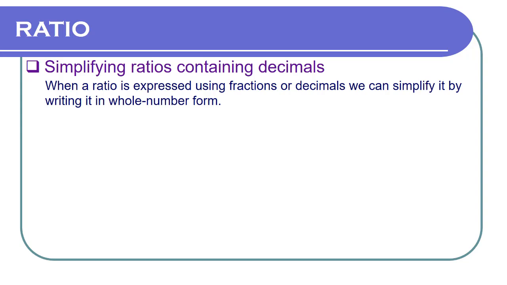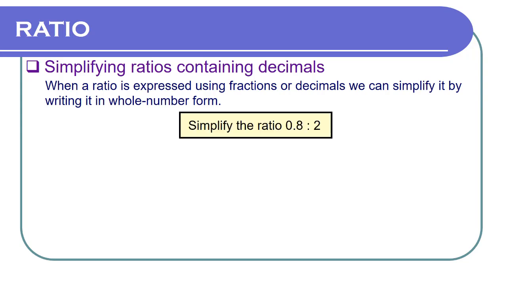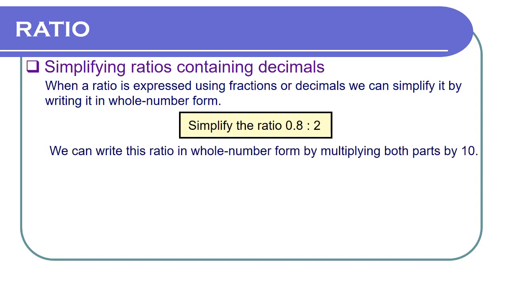What about simplifying ratios containing decimals? We can simplify it by writing it in whole number form. For example, simplify the ratio of 0.8 to 2. We can multiply both numbers by 10.